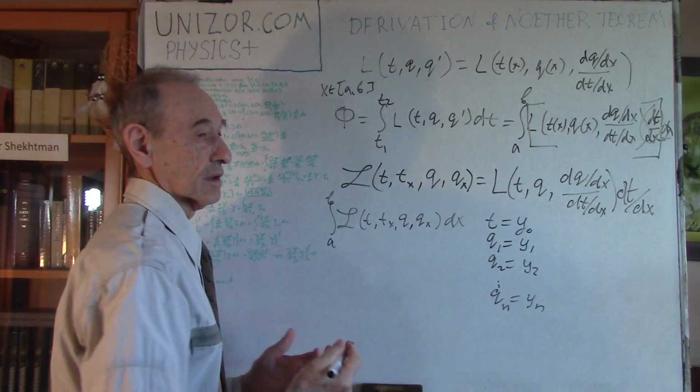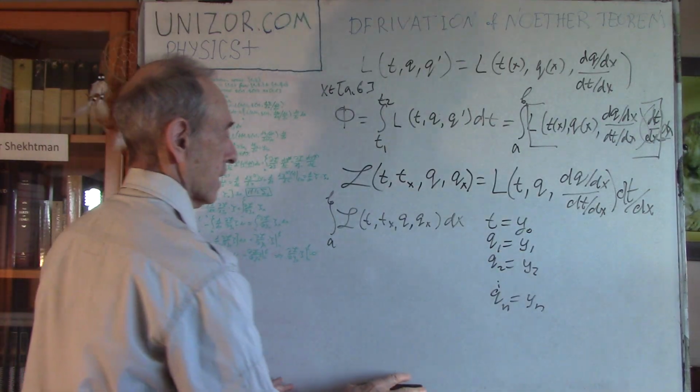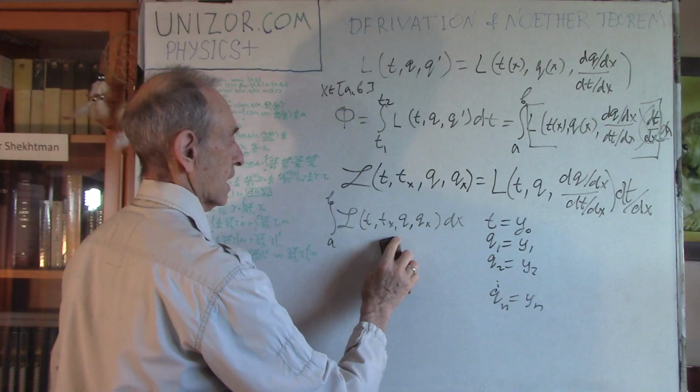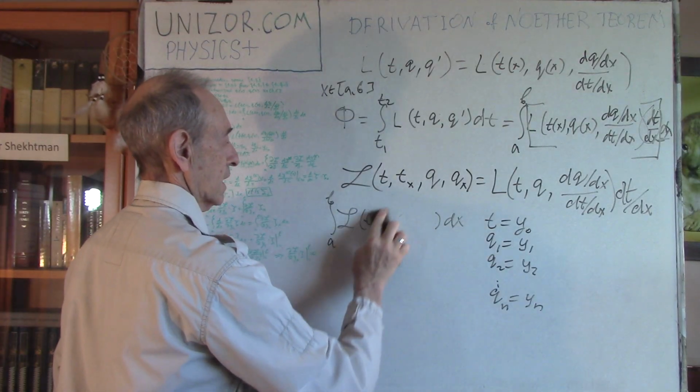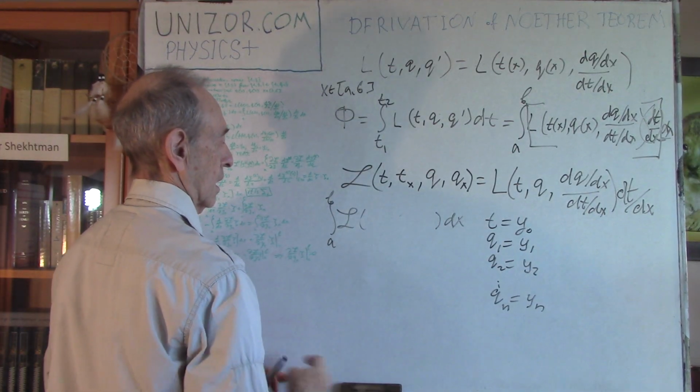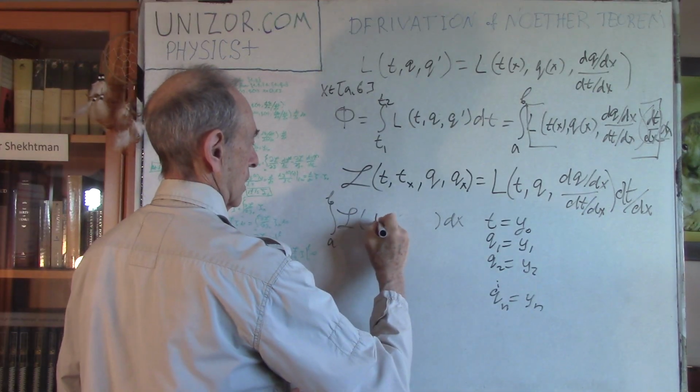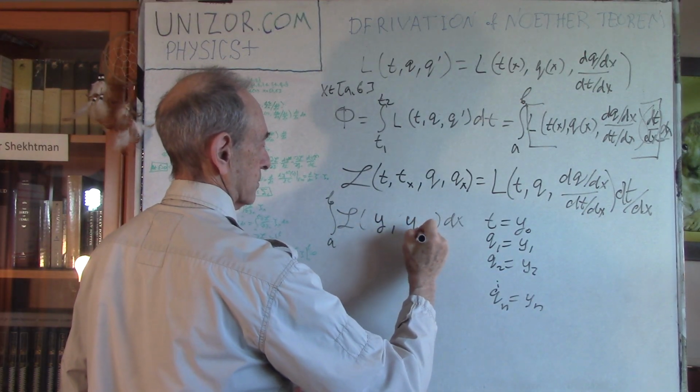With this symbolics, instead of t, t_x, q and q_x, I can actually replace it with y and y_x.